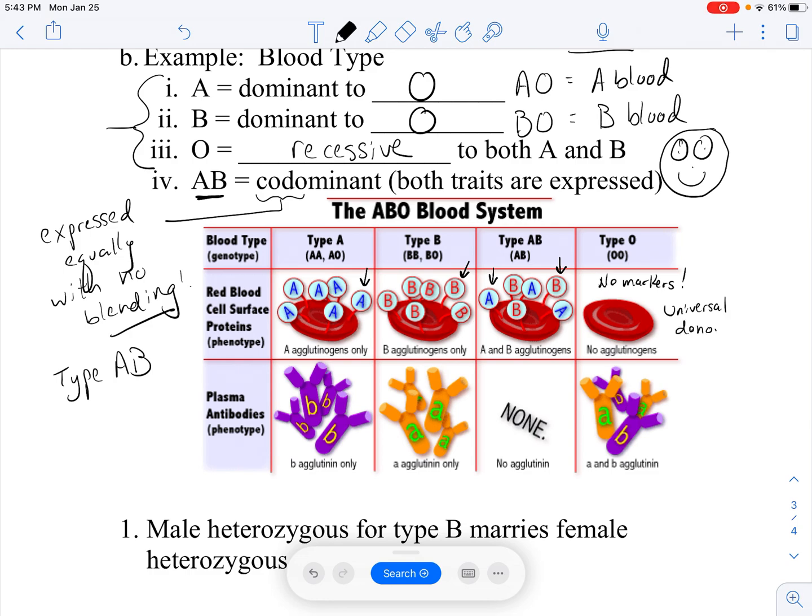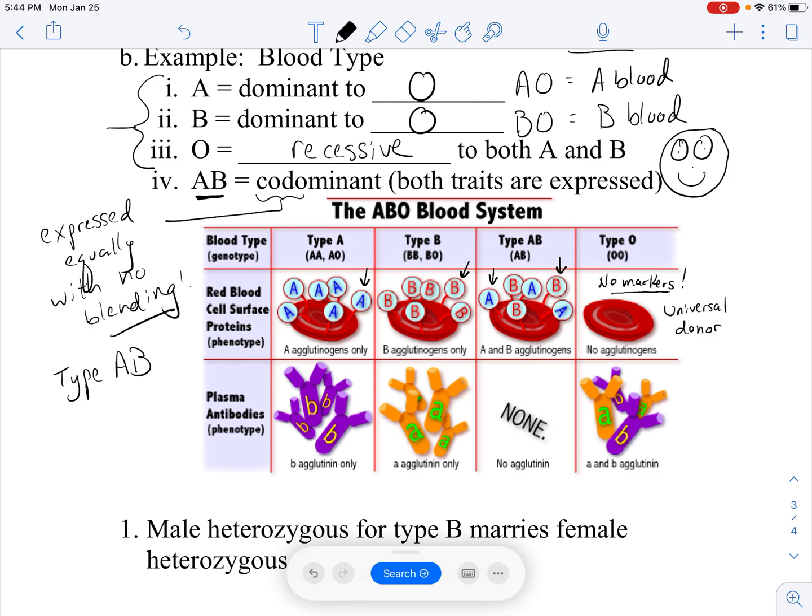You can give O blood to other people because there's no markers and the body won't recognize those cells as not belonging to you. So for example, if I have A blood, you can give me type O blood in the hospital if I ever needed a transfusion, because my body won't recognize the O blood as not belonging to me.